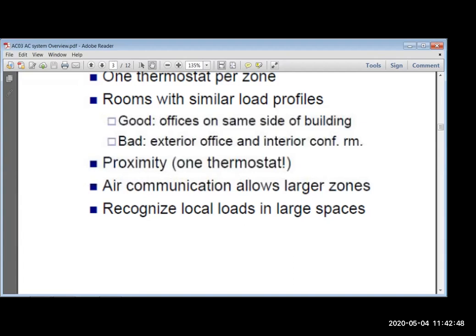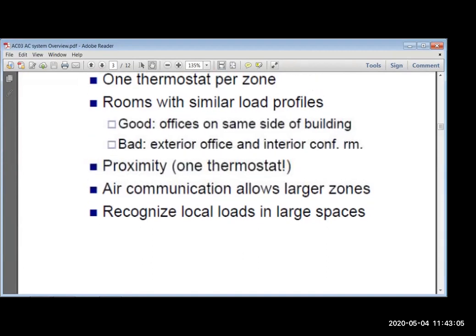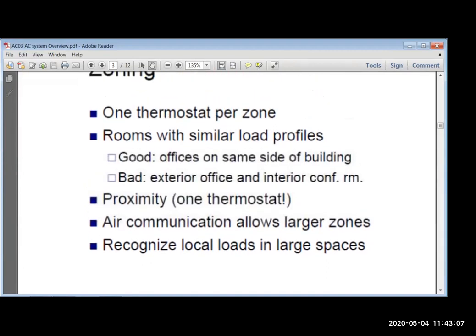Now, recognize this. For example, in a huge auditorium, there is a stage. On the stage are many very powerful lights to show the performance. For the audience, too many lights are not required. Some audience may be sitting in the back seats and air may not be reaching there.